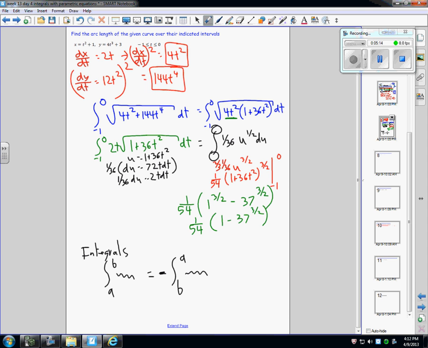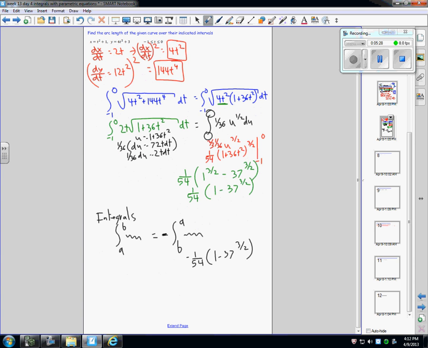But you found the value, it's just negative, so it's not a big deal to just convert this and say, okay, let me make it a positive by either saying this, or you could say that as well. It's not a big deal. It's kind of the same idea of if you were looking for area, if you find a negative value there, just make it positive. Same with arc length. So that's that example there.